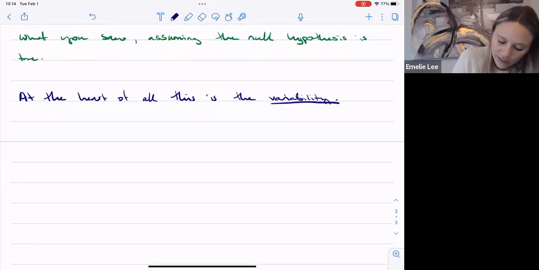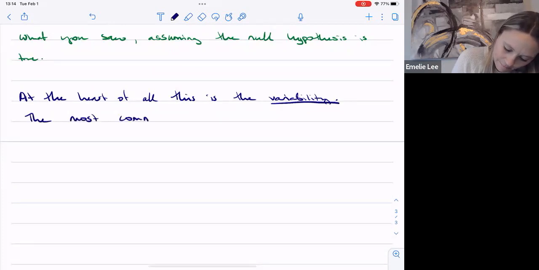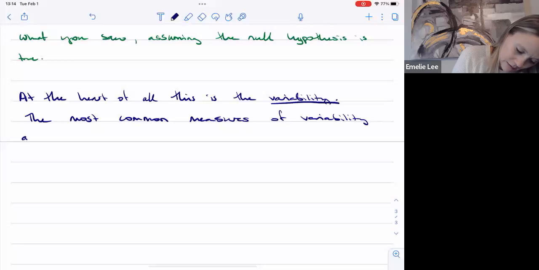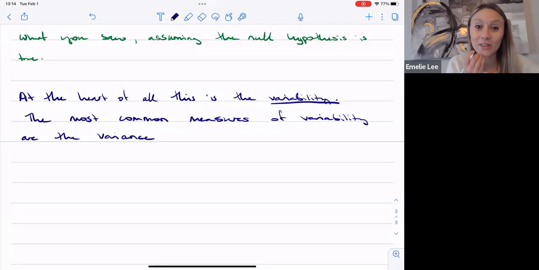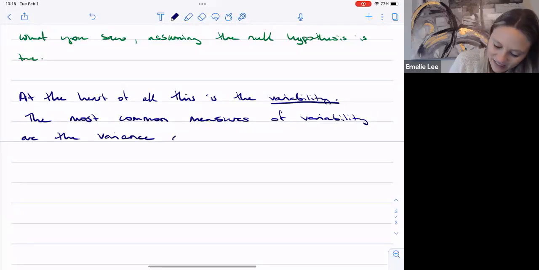The most common measures of variability are the variance and the standard deviation.